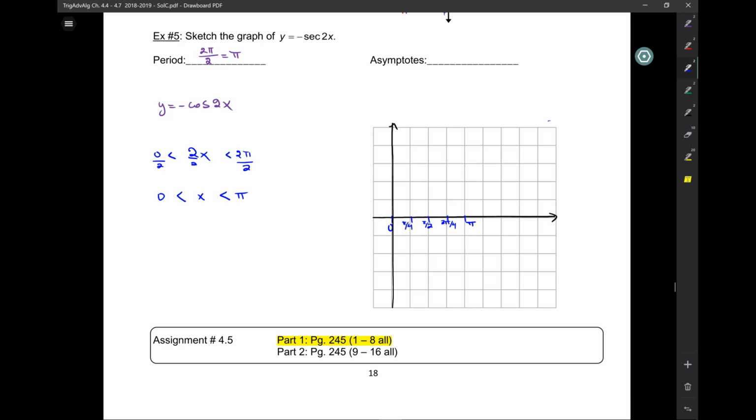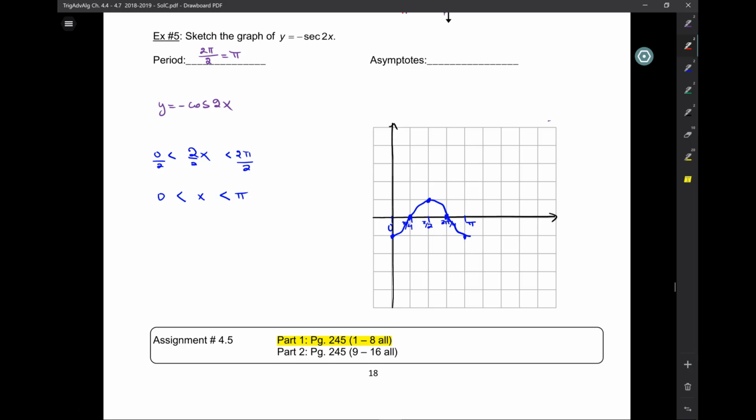That means here I start from minus 1, 0, maximum, 0, minimum. Sounds good? Okay, now, because it's cosine, we do the minimum. So where do we have our asymptotes?